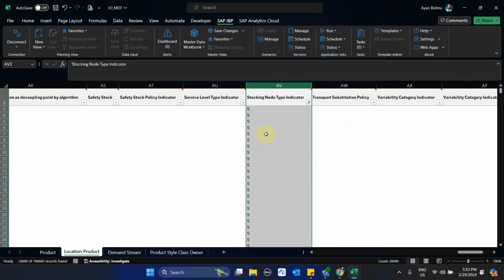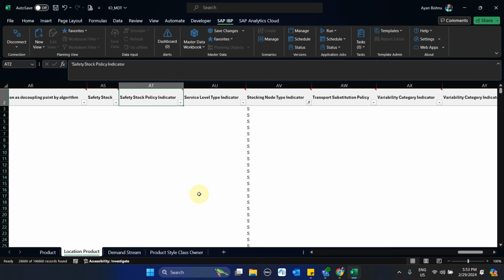Apart from that, there are other fields like safety stock policy indicator and service level type indicator that have their own relevance. But if you leave them blank, then it basically takes certain default values into account. And if you ask me to be very honest, although there are different inputs here, the quantum of change in safety stock by changing these inputs is to some extent negligible.